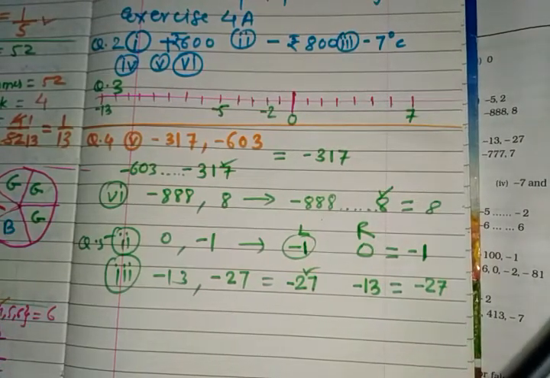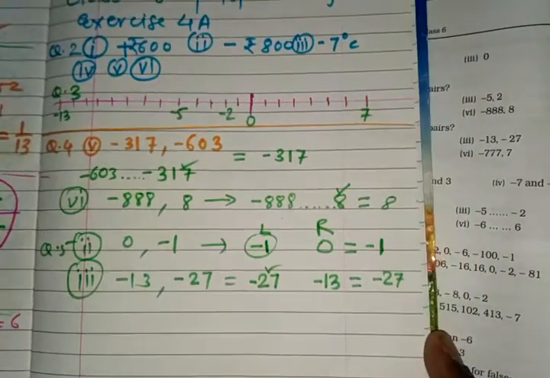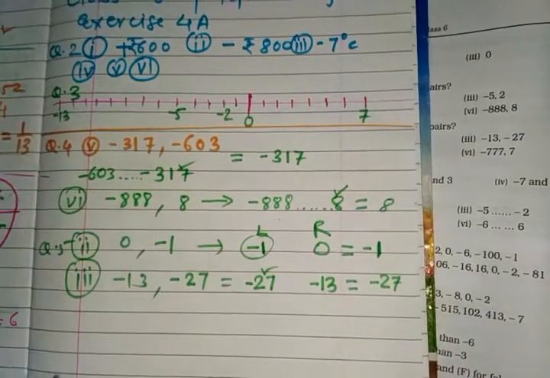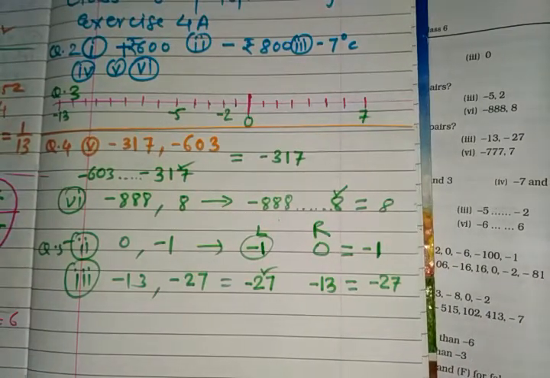So in this way you will be able to solve the remaining problems of question number 4 and question number 5 easily by deciding which number lies to the right and which to the left, and then deciding which one is larger and which one is smaller.